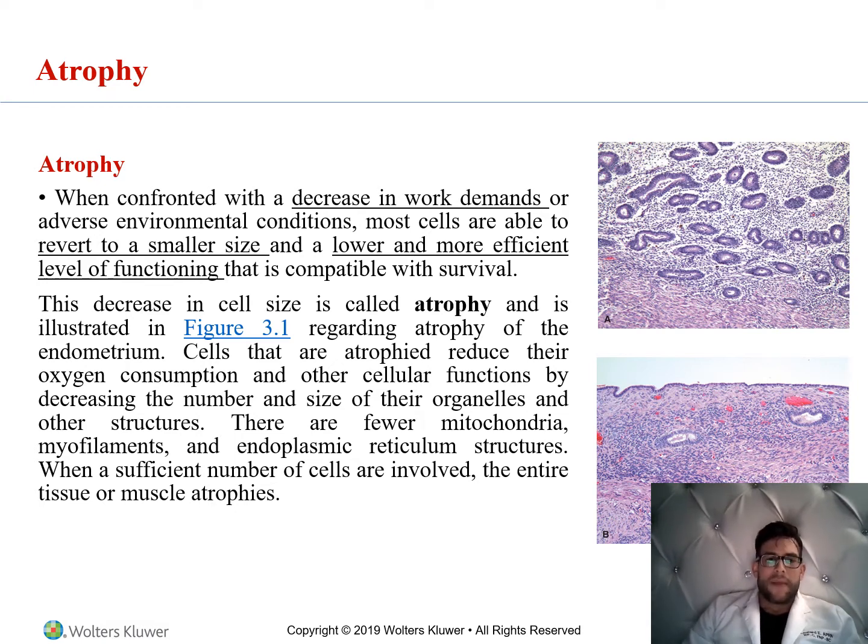Now, cells that are atrophied reduce their oxygen consumption and any other cellular function by decreasing the size and the number of organelles and other structures. From the previous lecture of chapter 2, you know what the organelles are, like the mitochondria, the endoplasmic reticulum, and all the cell's organelles.